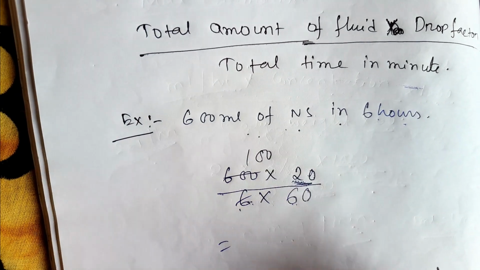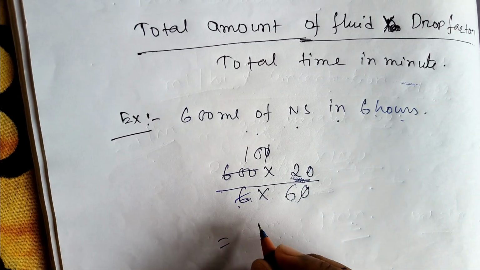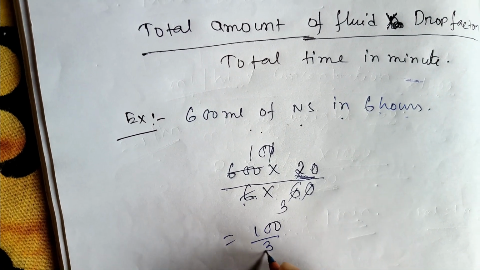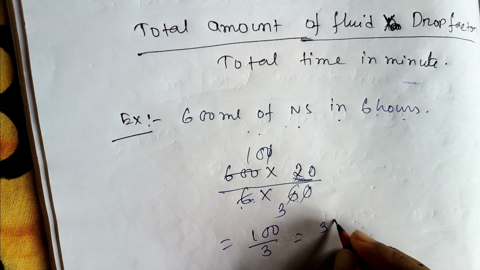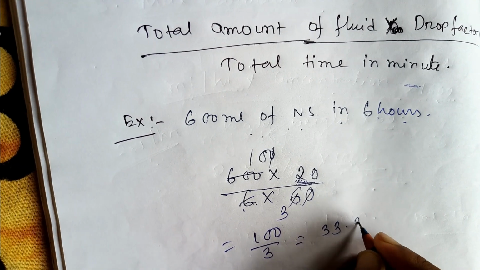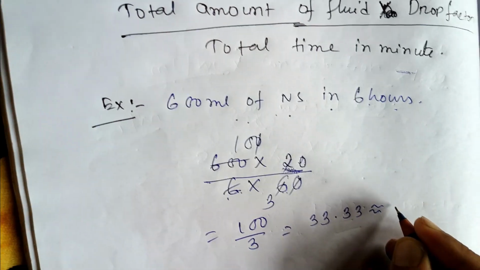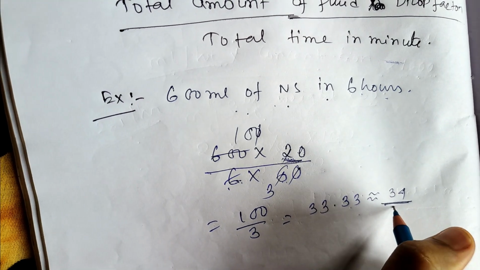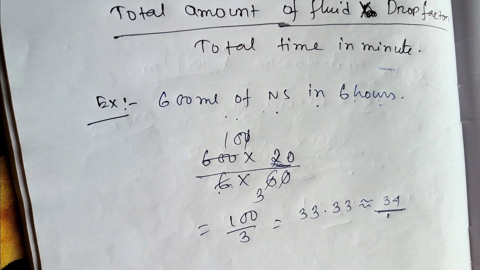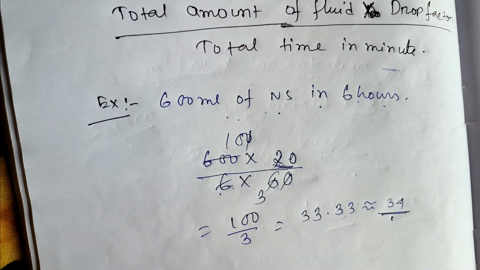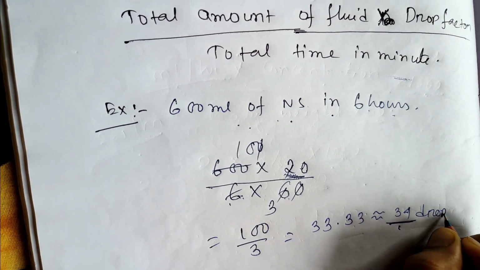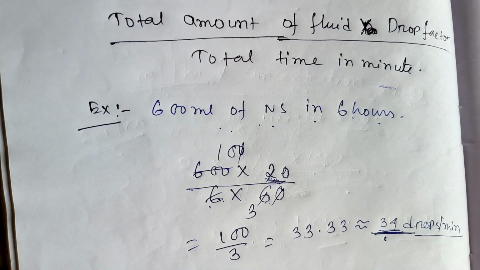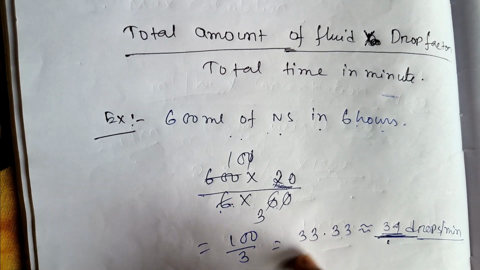So this is 100 by 3, 33.33 something. So if we round it, 34. So 34 drops per minute we give to the patient. So the patient should be getting 34 drops per minute. By this way we can calculate the drops per minute.